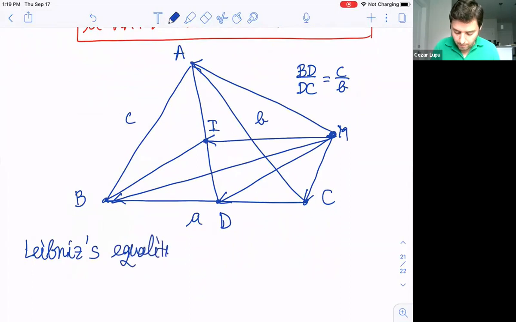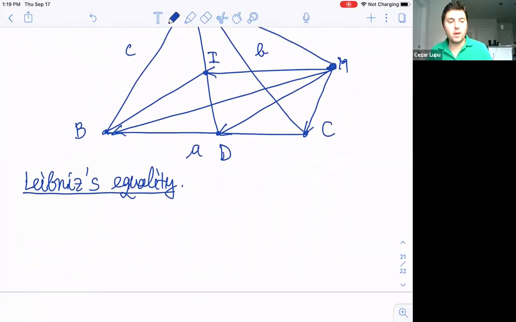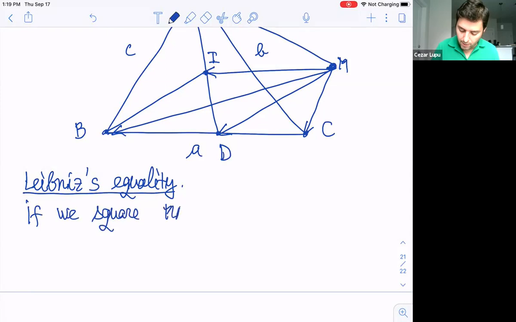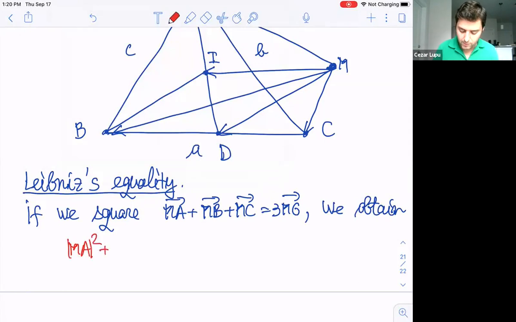And this will be, if we square everything, so if we square MA vector plus MB vector plus MC vector, which equals 3 MG vector, well, we obtain this relation, which will be MA squared, so no more vectors, plus MB squared plus MC squared.